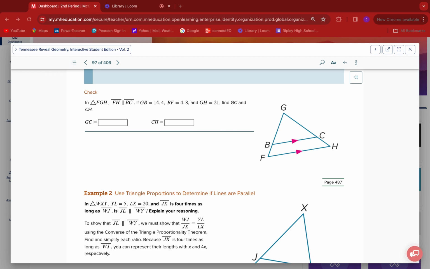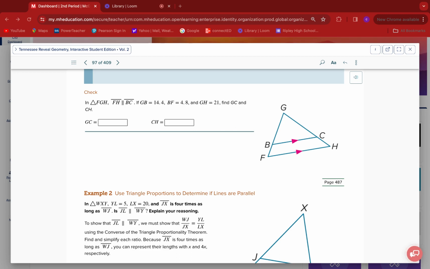The opposite is to divide by 19.2. That's going to let me get what GC is. So take 302.4, divide by 19.2, and you should be looking at 15.75.